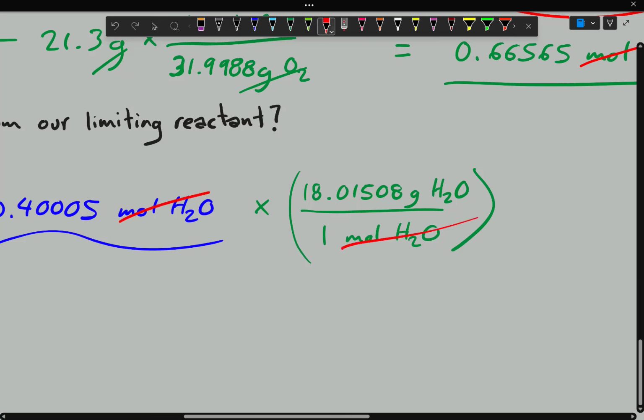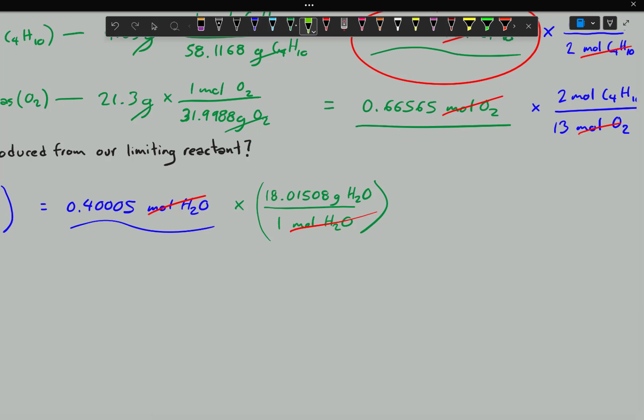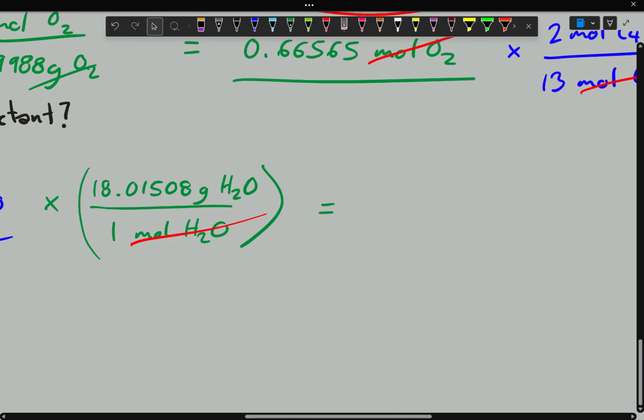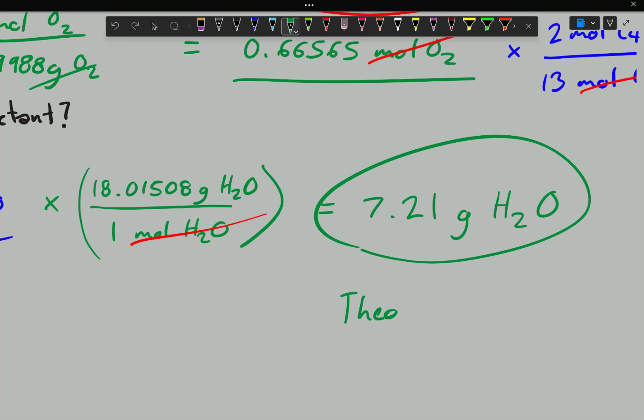The moles of H2O cancel, and you're just left with 0.40005 multiplied by 18.01508, and that will give you 7.21 grams of H2O. And that is our theoretical yield. And that's it. Thanks for watching.